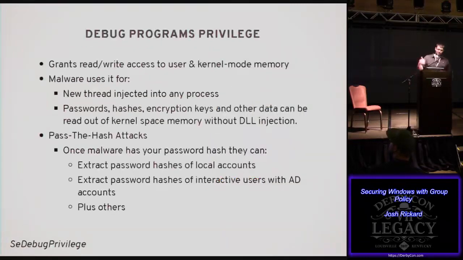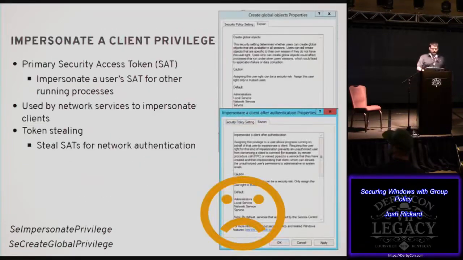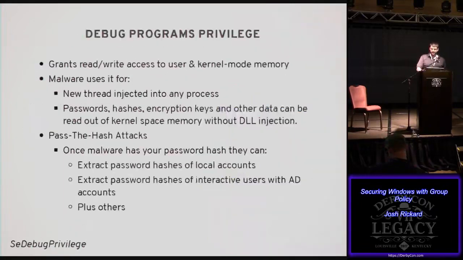So, debug programs. In the bottom left here, this is actually the Win API level library or class where you can see these privileges. But SeDebugPrivilege basically grants anyone read-write access to memory.